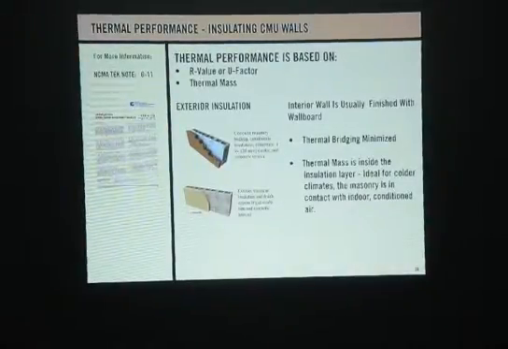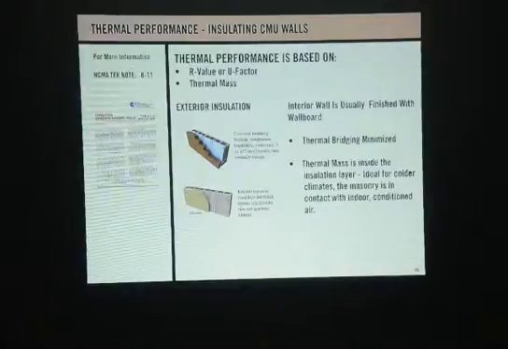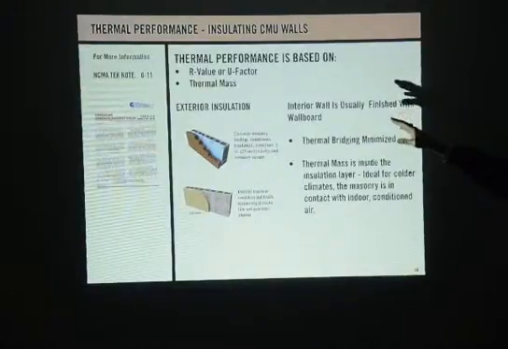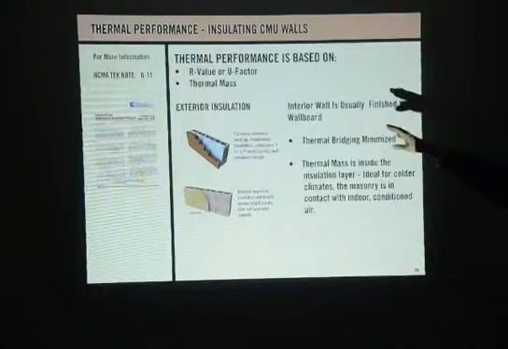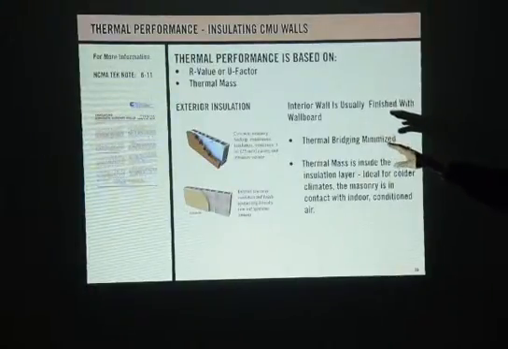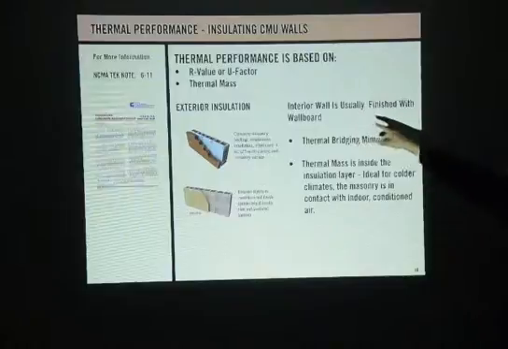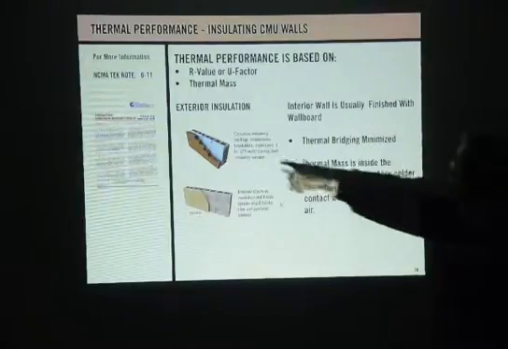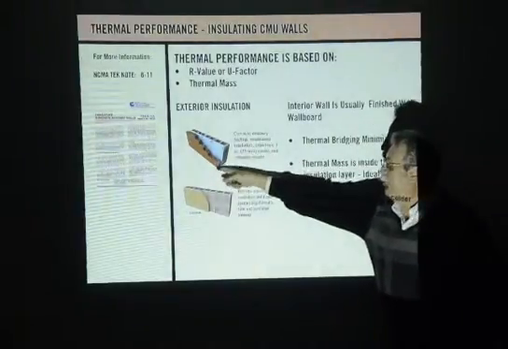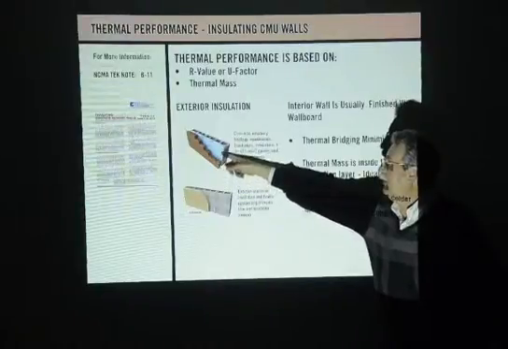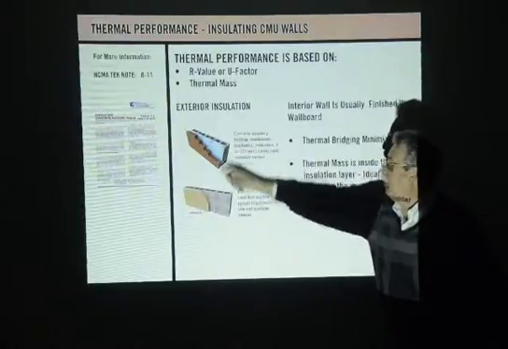Here's your insulation, sir. Sorry it took you so long to get there. Thermal performance is based on R or U factors and thermal mass, as we spoke just a moment ago. Exterior insulation, interior wall is usually finished with wallboard. So we have a perimeter of block, insulation, and more block.